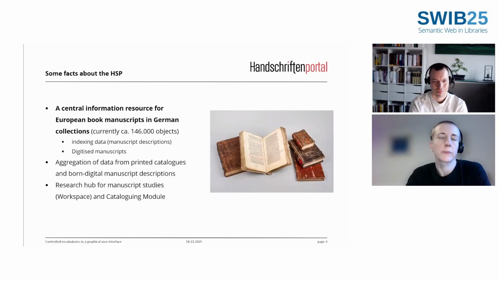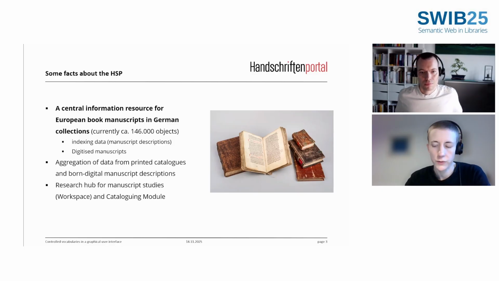So first of all, some facts about the Handschriftenportal. This is a central information resource for book manuscripts in German collections, which currently contains about 146,000 objects in this database. We have different kinds of data in the portal. On one hand, there is indexing data, that is descriptive information about the content, materiality, and history of the manuscripts.